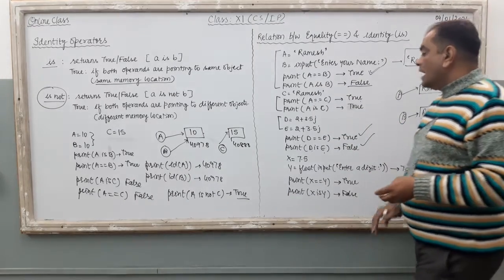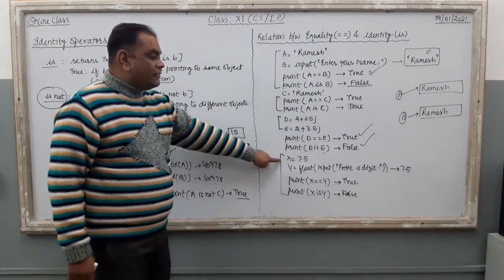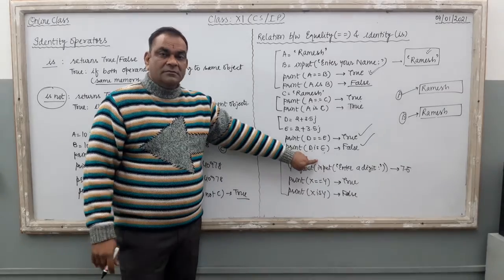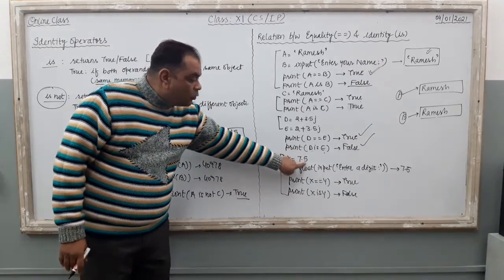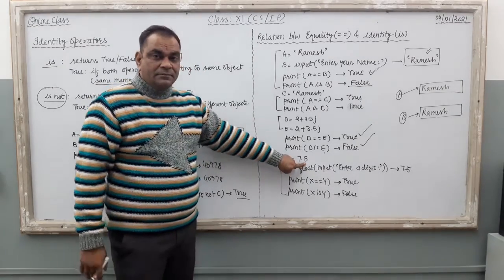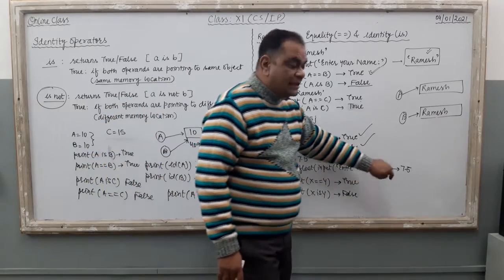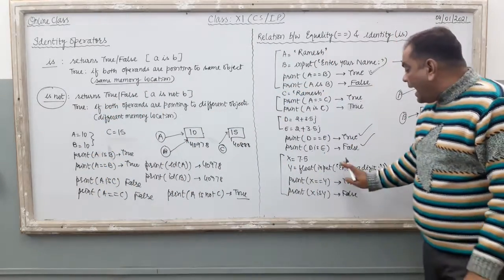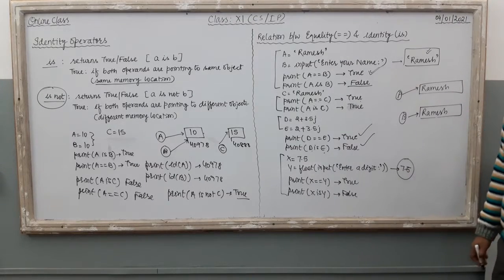Why is it false? Because both are at different memory locations. Right? Now, the last concept is related to the float variable. Just see, x equal to 7.5. It is a float variable of your Python. And this is the programmer's value. The programmer is going to input the value of x. y equal to float of input, enter a digit. One message is there on the monitor. And suppose the user is going to input the same value 7.5.